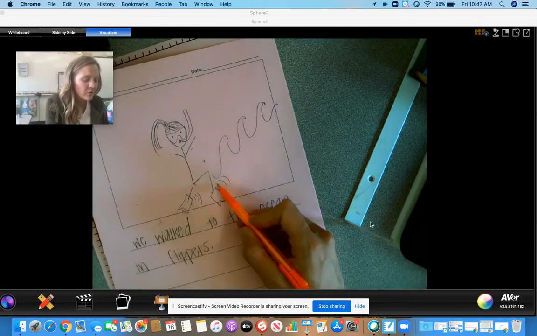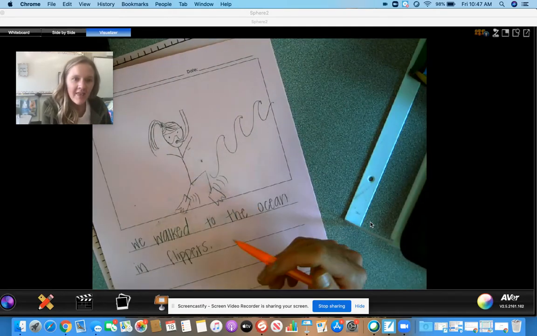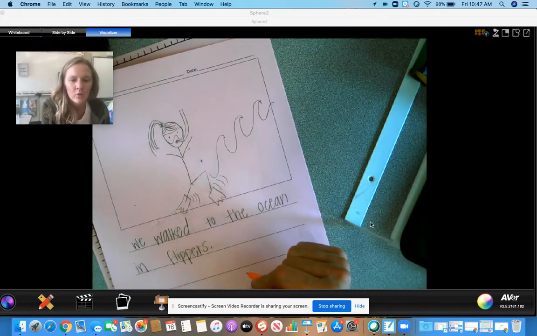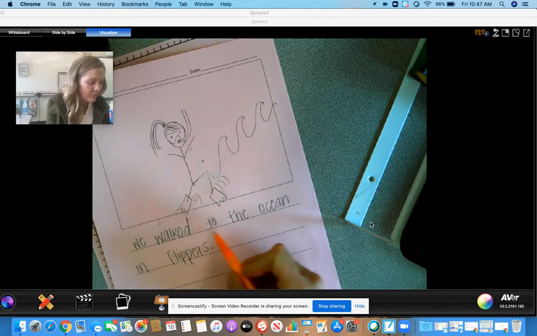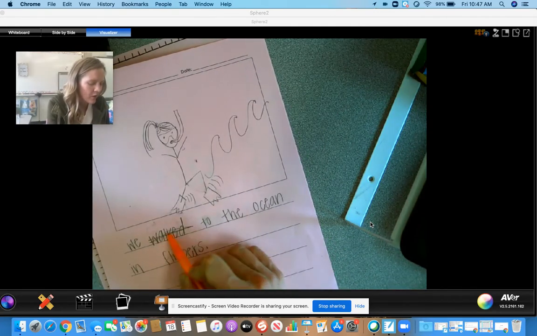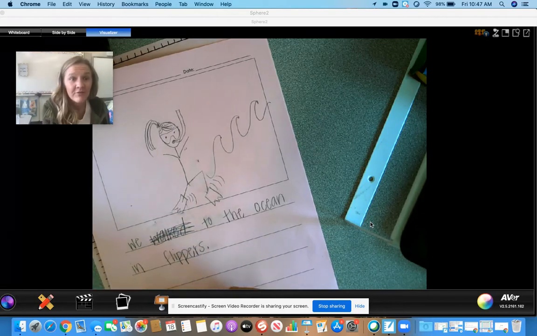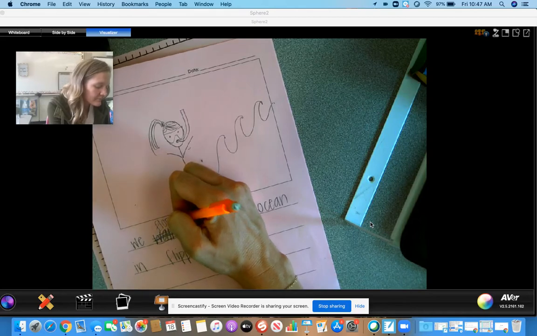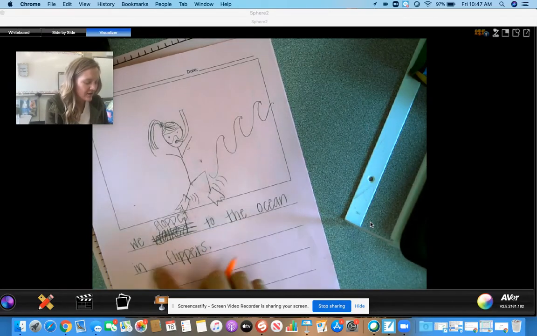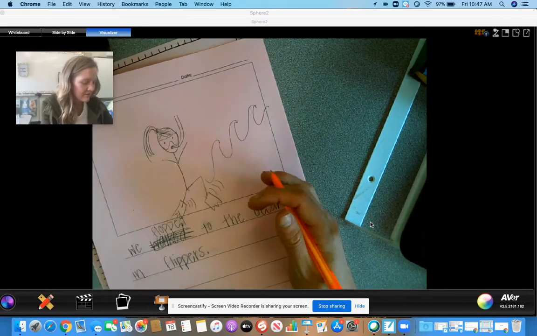And since when you add things to your pictures, that helps us add things to our words, when I look at this picture now, it doesn't really look like I'm walking. So I'm going to cross off the word walked, and I'm going to say we flopped because wearing those flippers is so hard. We flopped to the ocean in flippers, okay?